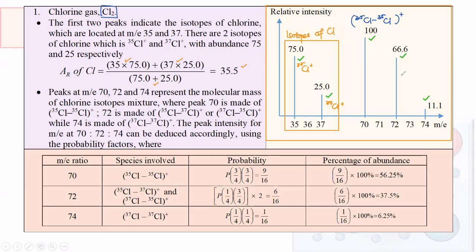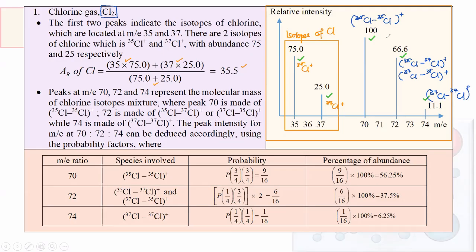What makes up m over e 72? There are two chances here: either it is made of 35Cl and 37Cl, or another possibility where it is made of 37Cl and 35Cl. Whereas the last, 74, is made of 37Cl and 37Cl.